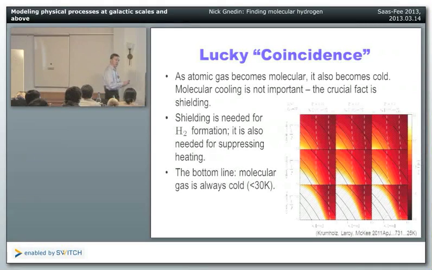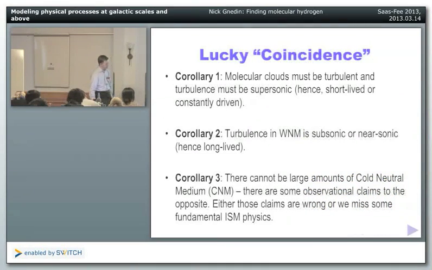Not because the paint was there, but because it was splashed in a smart way, or sort of a coincidence way. So it's maybe just a coincidence in some sense. But it's not just a coincidence, because it's all based on the same physics. It's shielding that we need both to keep it cold and to make it molecular. That's why this molecular gas correlates very well with star formation. So there are a few corollaries you can take.